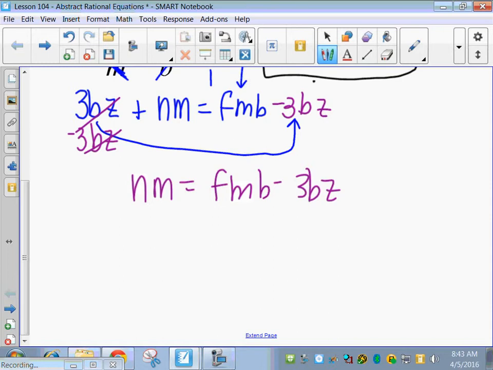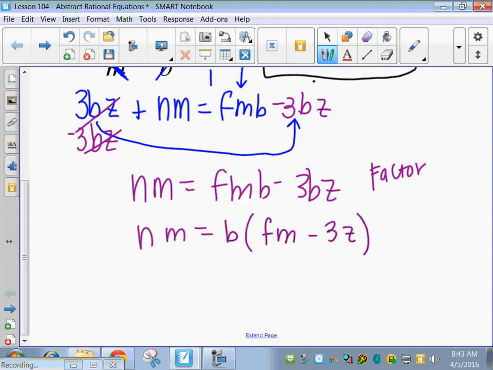All right. Next step is to factor out the b. Okay. So I've got nm, and on the right-hand side we have a common b. And then if I take out the b, what's left is both of those terms without the b, because we put it in the front.